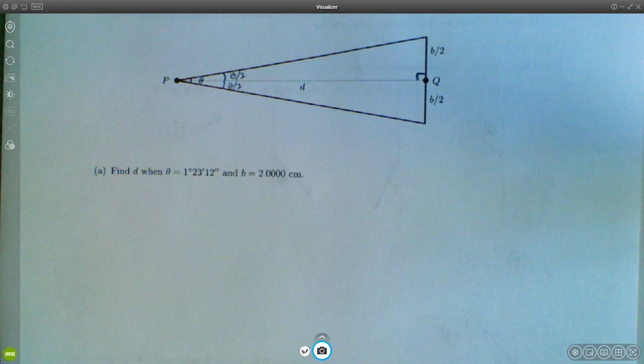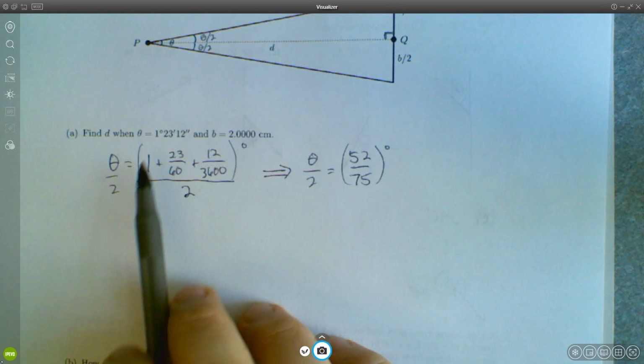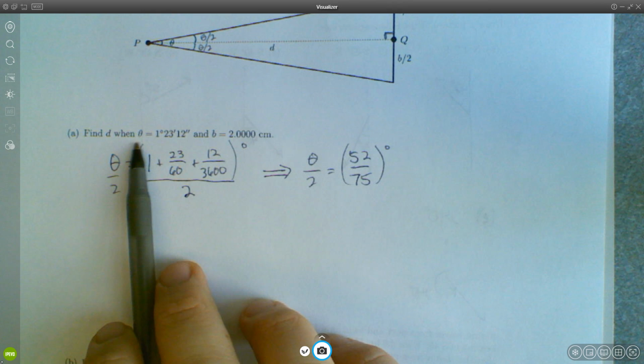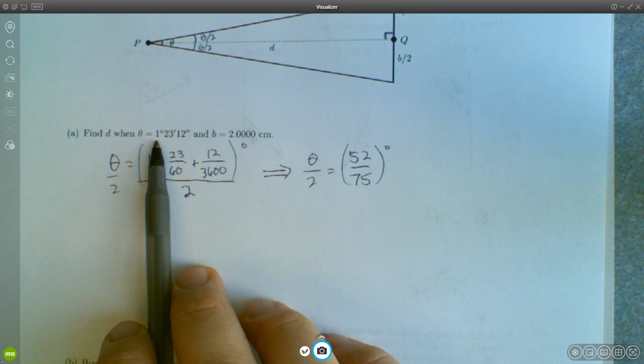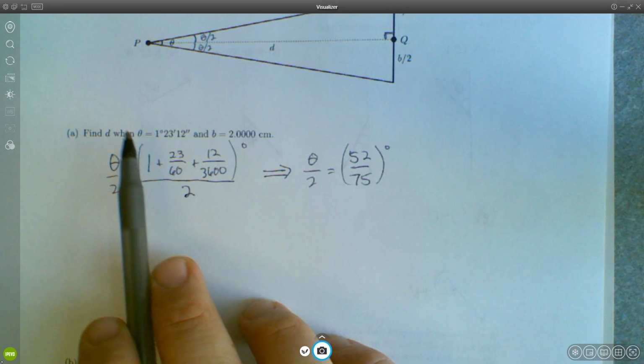That's 52 over 75 degrees, which makes sense, right? That's less than 1, about 0.69 degrees. If the entire angle is just a little over 1 degree, then half the angle is 0.69 degrees or so. But I'm going to leave it as a fraction.